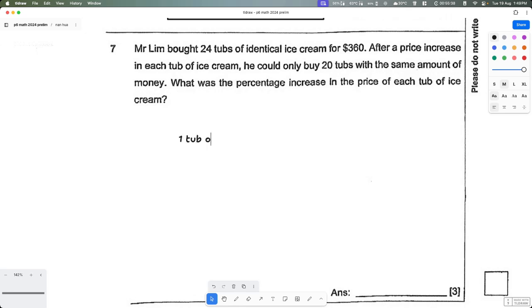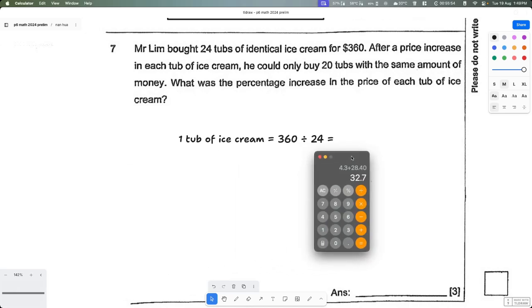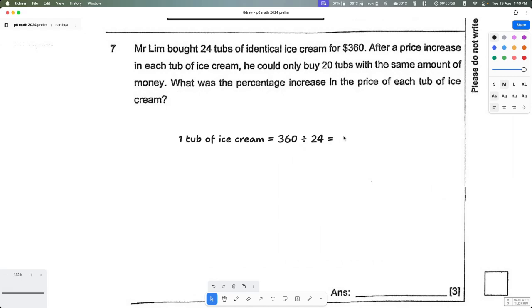So one tub of ice cream is equal to 360 divided by 24. Okay, so 360, where's my calculator? Did I remove it? Calculator. Okay, so 360 divided by 24, this will give us $15. Okay, so the thing is, after a price increase of each tub of ice cream, he could only buy 20 tubs.